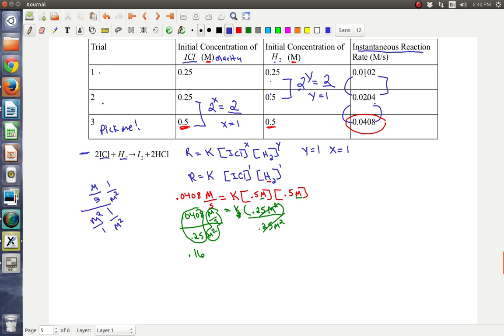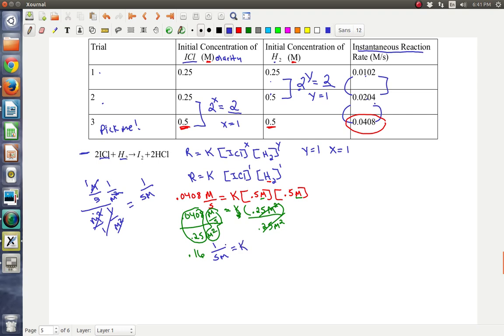That makes the denominator go away completely. So now we have M and M squared, and seconds on the bottom. This M cancels with one of the M's down here, so my unit in this case is 1 over seconds times molarity. It's weird, but that's what it is. 1 over seconds times molarity. This is equal to your K.